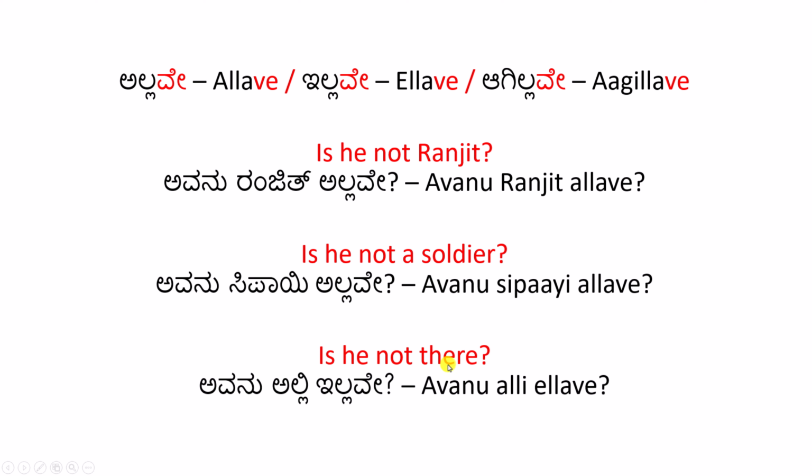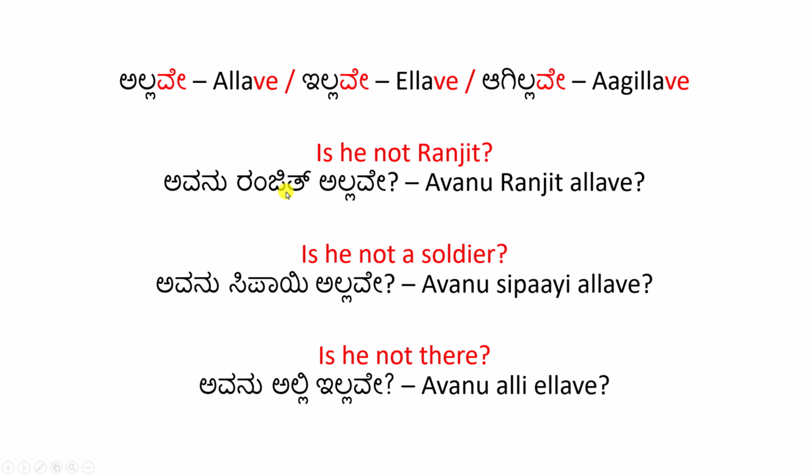Is he not there? Avanu alli illave. Avanu is he. Alli is there. Illave makes this a negative question. Alright. Now, we cannot simplify these sentences.